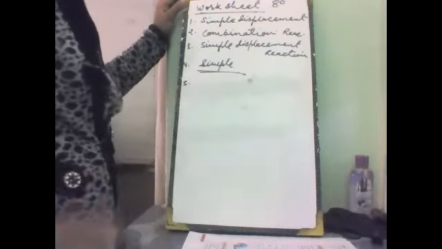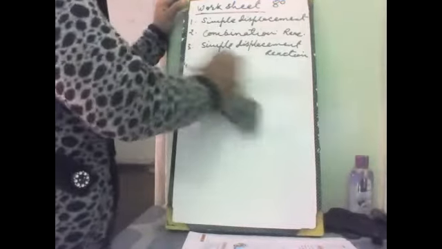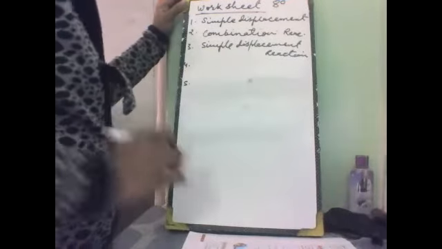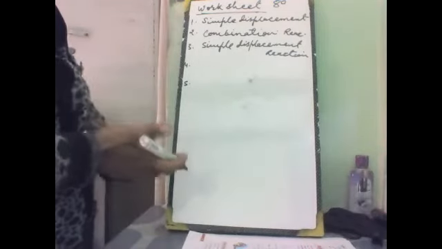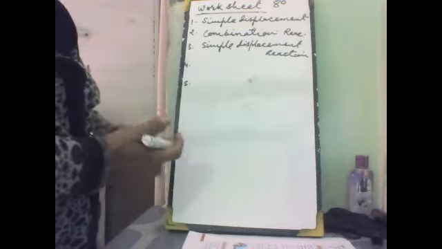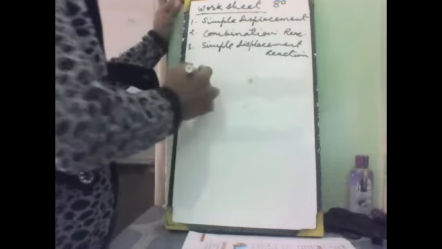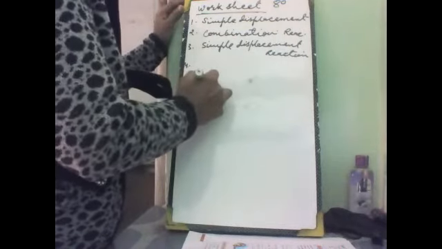Fifth one. Look at the fifth. NaCl reacts with AgNO3. Sodium chloride reacts with silver nitrate to form silver chloride and sodium nitrate. It is a double displacement reaction.